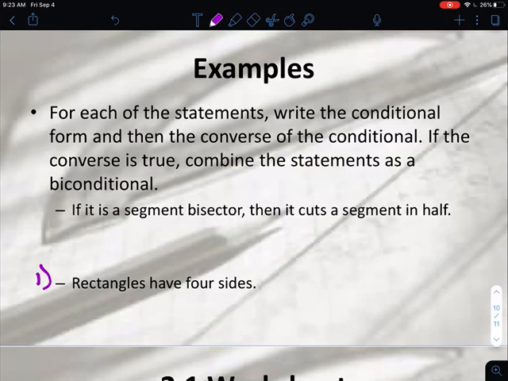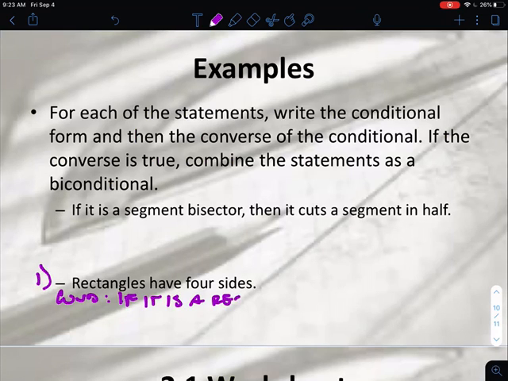So an example here, we'll just look at this second example right here. So we talked about one that worked. So with the if and only if, when we rewrite it, there's no if, there's no then. It's just hypothesis, if and only if, conclusion. Now in this example down here, the first thing I would need to do is write my conditional statement.